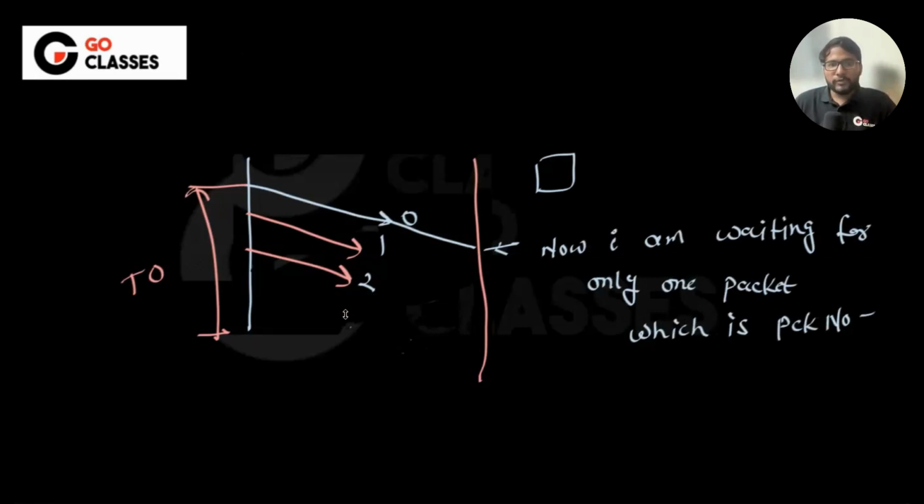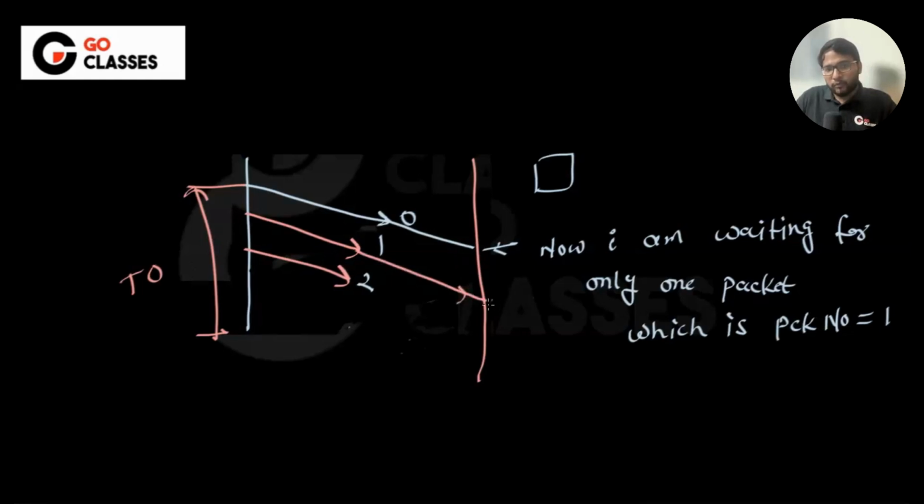So receiver always waits for only one packet. Now suppose packet number 1 has also reached. Now receiver will say, I'm waiting for packet number 2, because it always waits for only one packet.